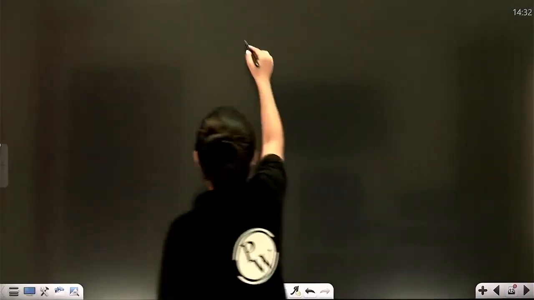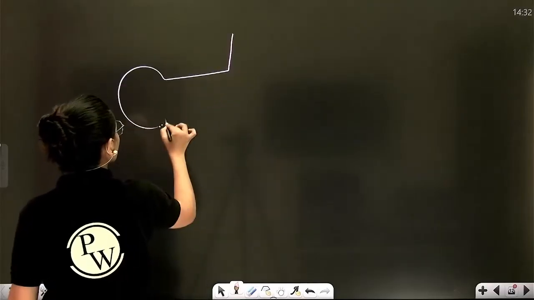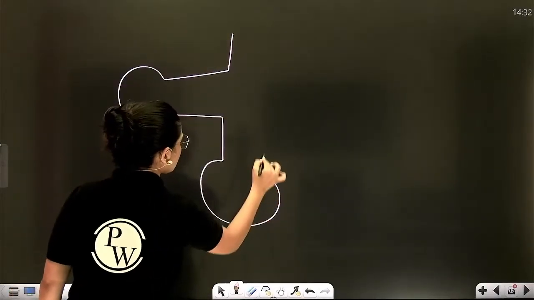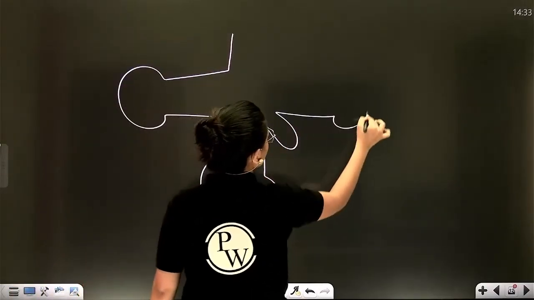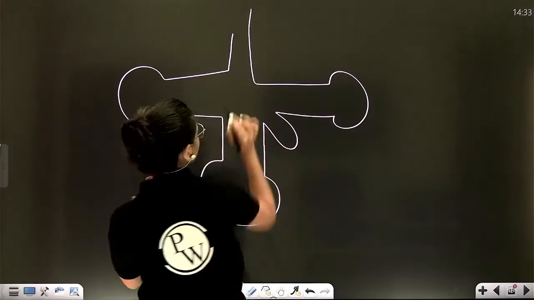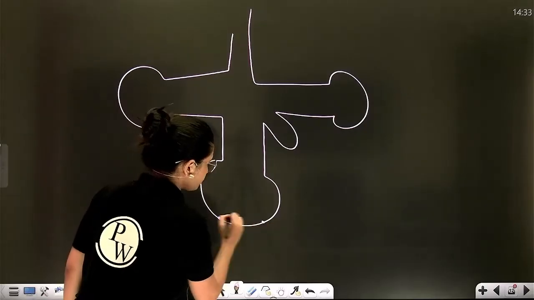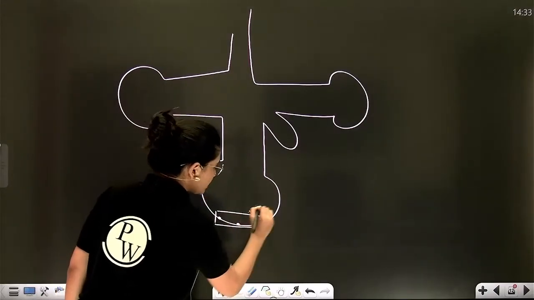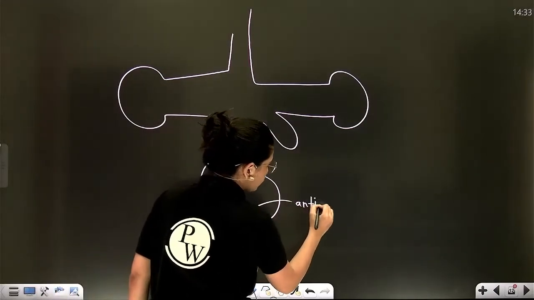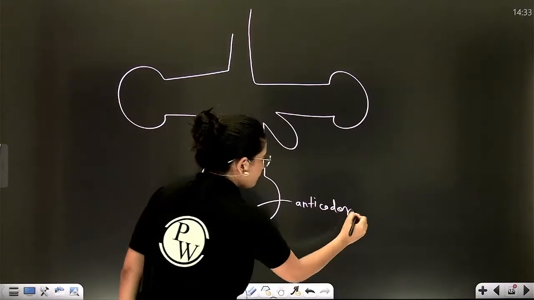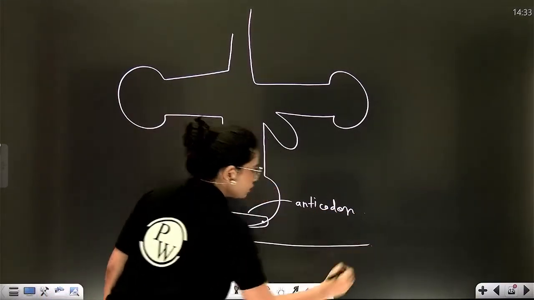See, this is the structure, right? This is how it is. Here are 3 anticodons. There are 3 nucleotides which are called anticodon. Anticodon means complementary to the codon.